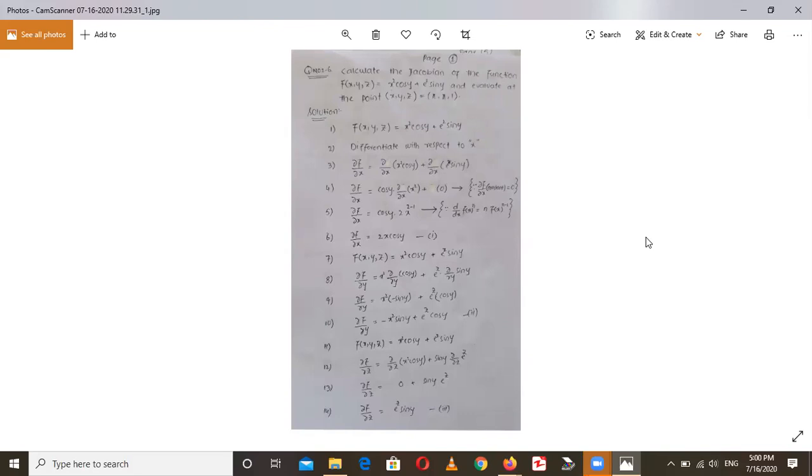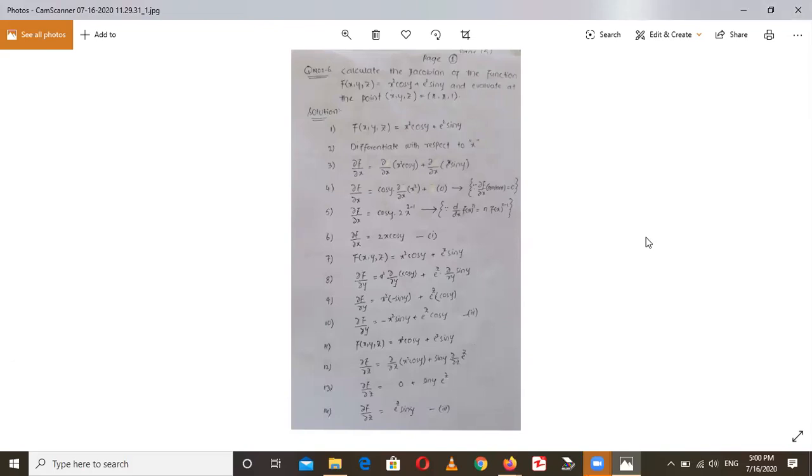Feel free to ask me any question if you're facing any type of difficulty. Yes, I understand step 3 and step 4. In step number 4, I am differentiating the function with respect to x.